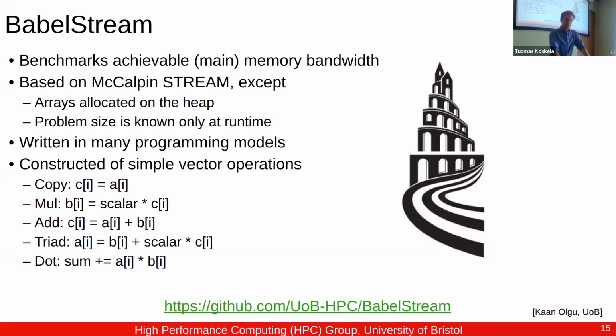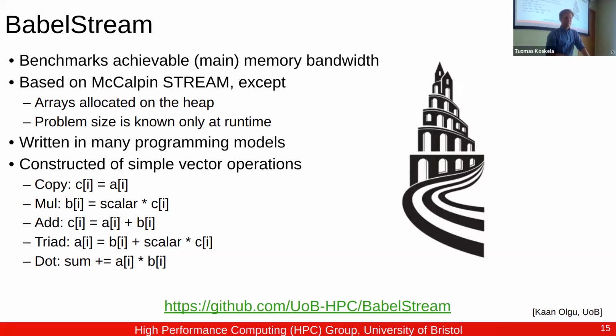This is a very simple benchmark. It's basically the STREAM benchmark with some modifications. It should just measure your memory bandwidth and tell you how close you got to what the vendor is telling you. It does the stream vector operations: copy, multiply, add, triad, and dot product.